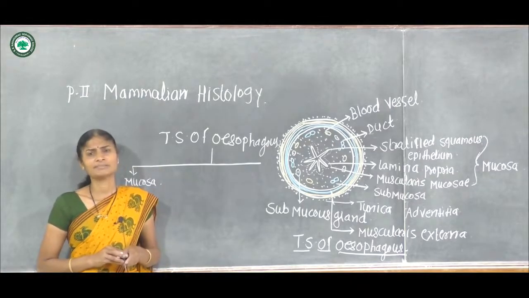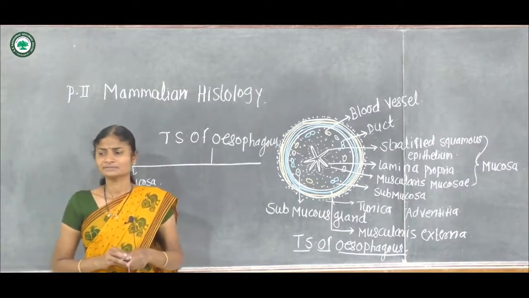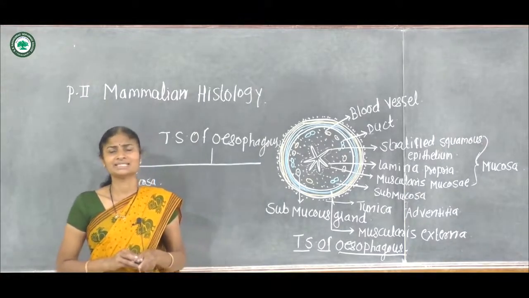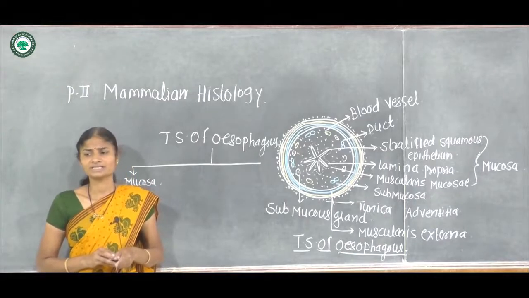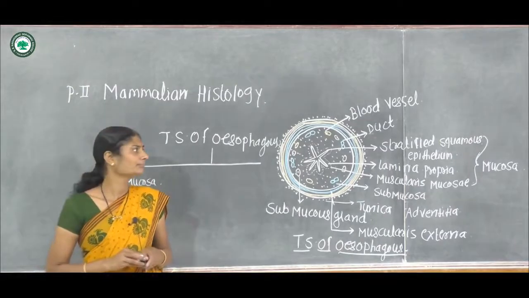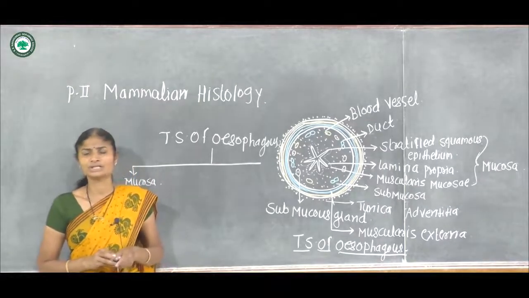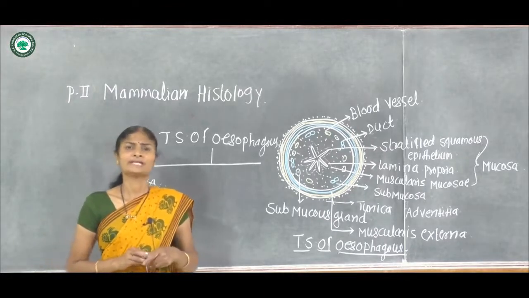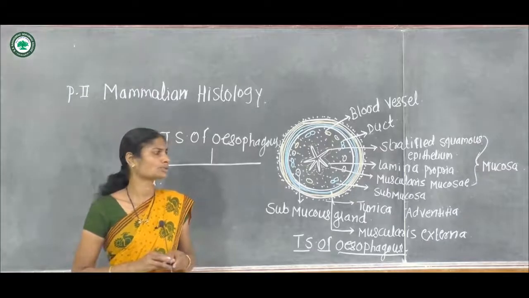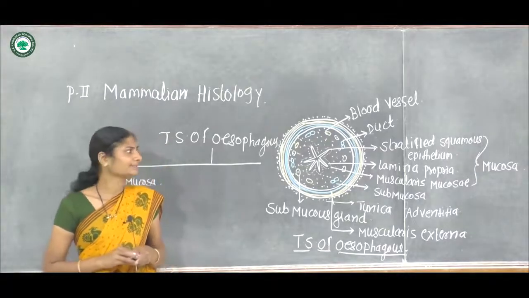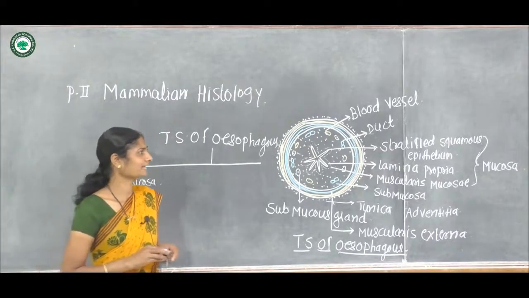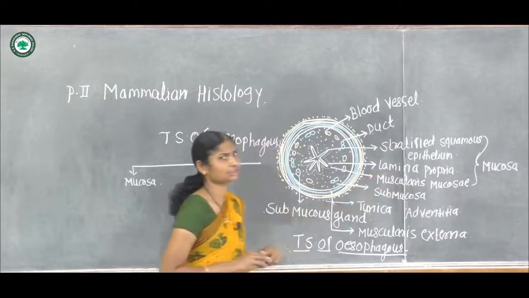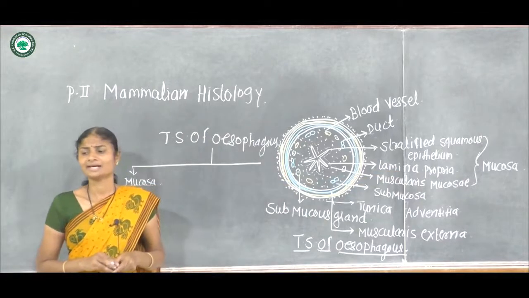But in man and some other mammals, the esophageal epithelial mucosa layer is not cornified, while in some animals this mucosa layer is cornified. Next, the lamina propria layer is present in the mucosa layer.